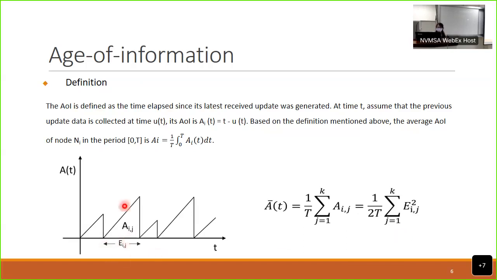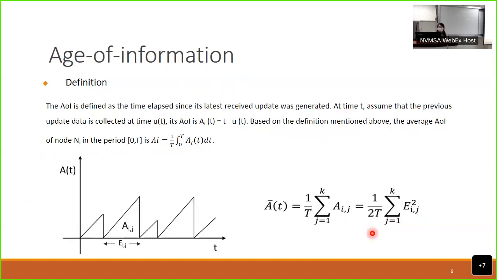The base and the height are equal. So we can calculate the average AoI like this. Q_j is the base length and also the height length. And it is halved, and because we are calculating the average AoI, we need to divide by the time interval.